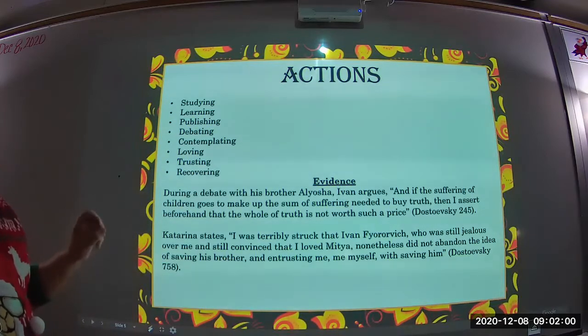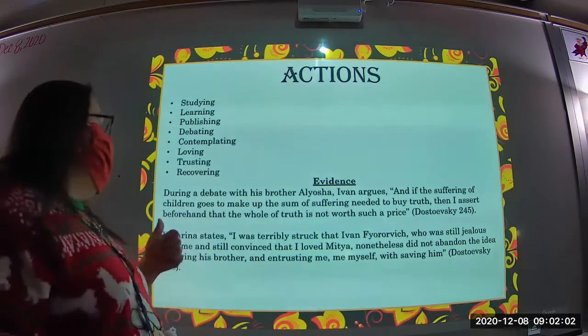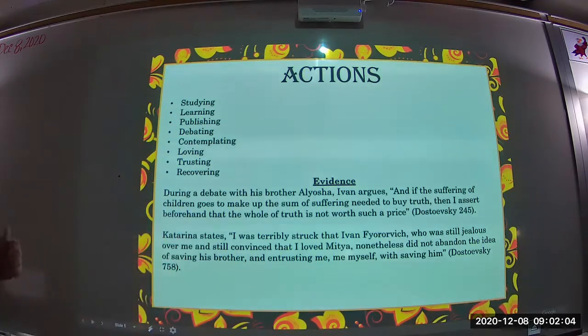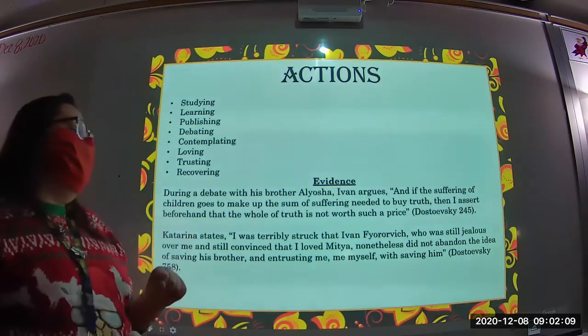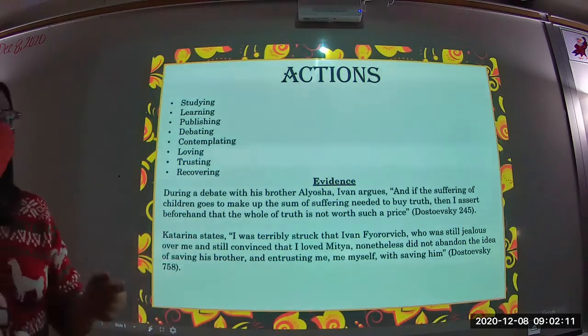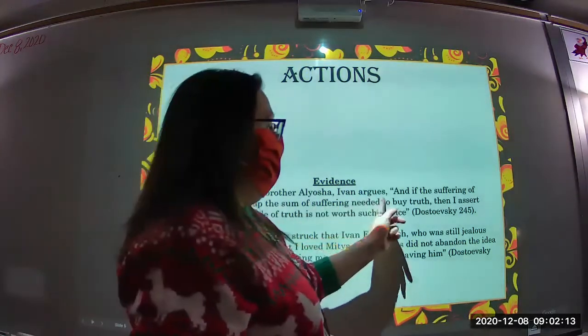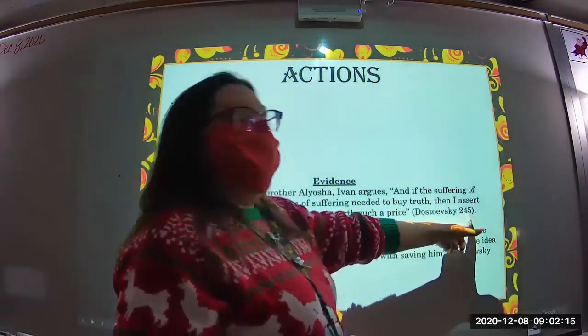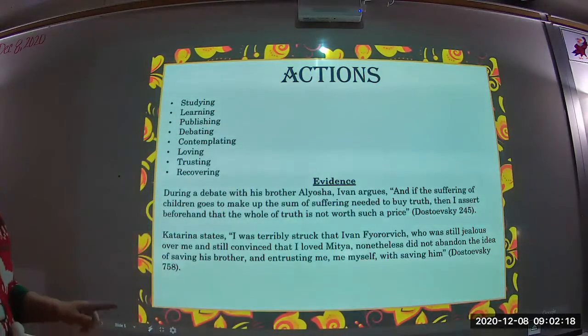During a debate with his brother Aloysia, Ivan argues, "and if the suffering of children goes to make up the sum of suffering needed to buy truth, then I assert beforehand that the whole truth is not worth such a price." Okay, I introduced it, and then Dostoevsky, 245. Okay.